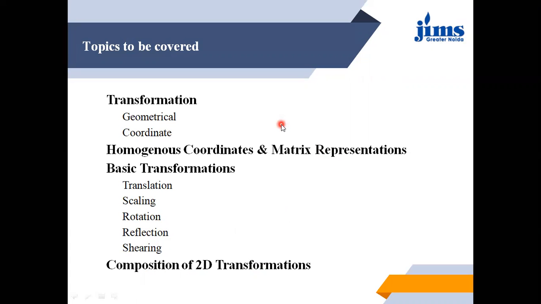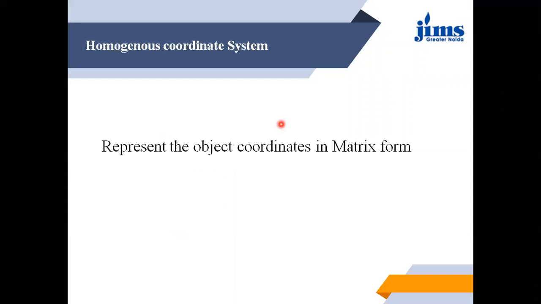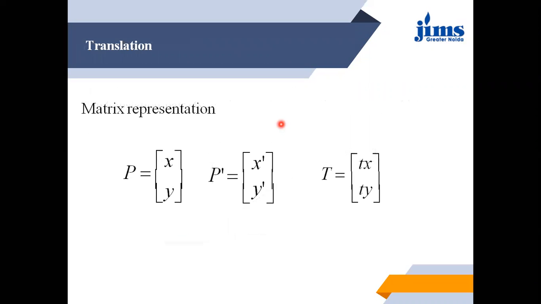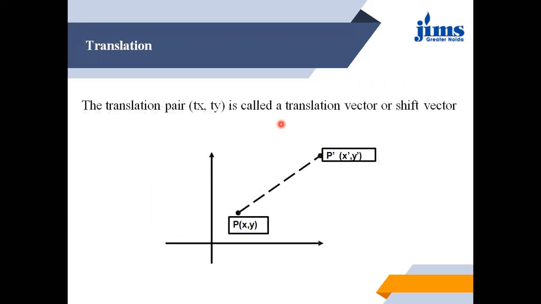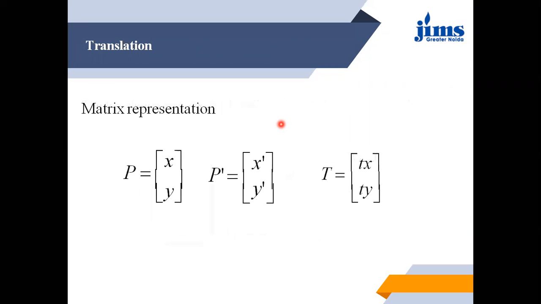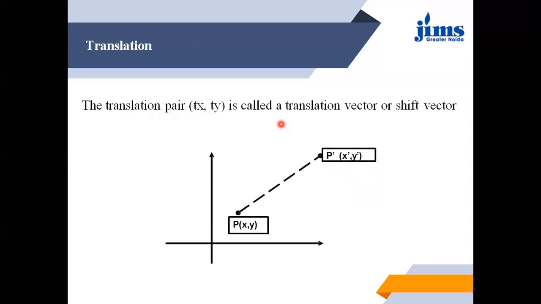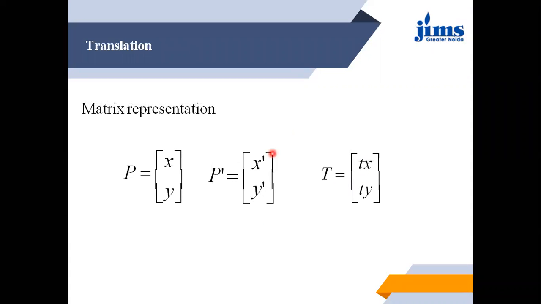So let us switch to basics or types of transformations. We discussed that in translation, our final matrix, that is P dash equals T plus P, means we have to add this translation matrix.